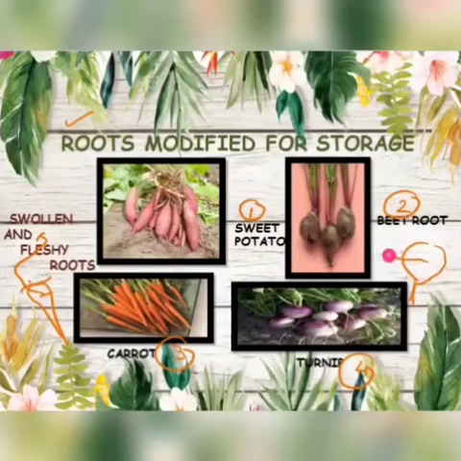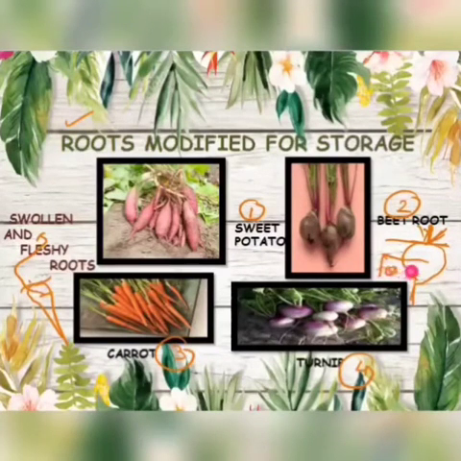This is the root of the turnip, which is below the ground, but it stores the food prepared by the plant. So this is the function of such plants. Their roots perform some special function.